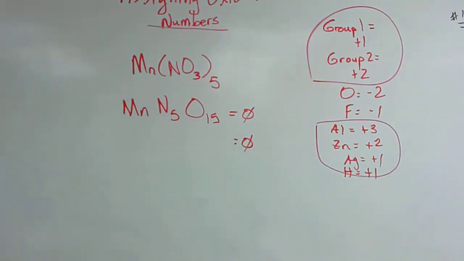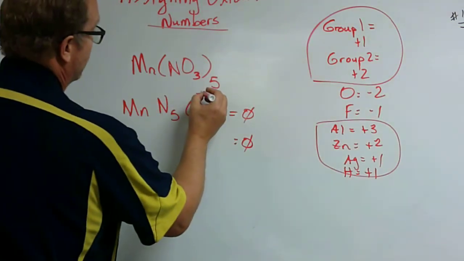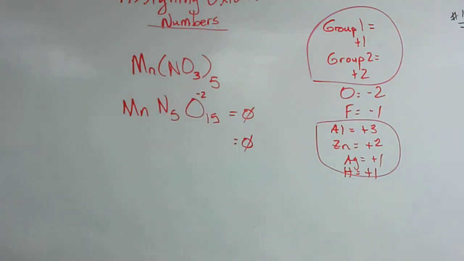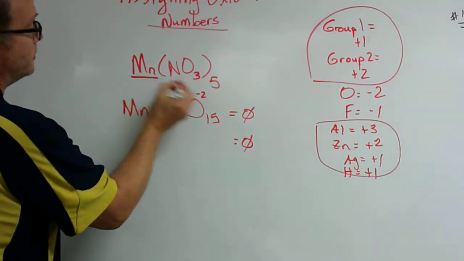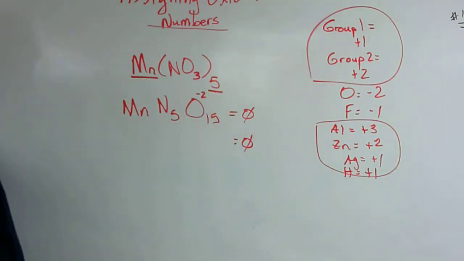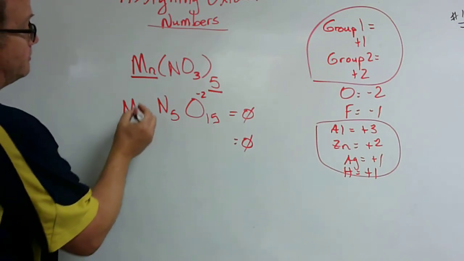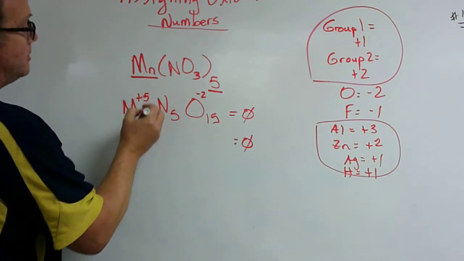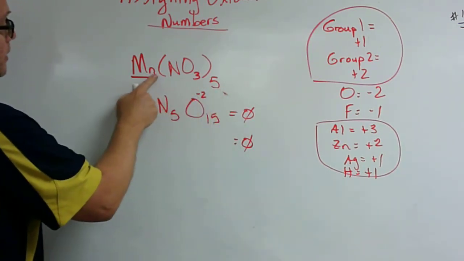Again, we do process. Now, we do know that our oxygen's already negative 2. That's fine. We also can figure out that my Mn is a positive 5. Because that's my Roman numeral.